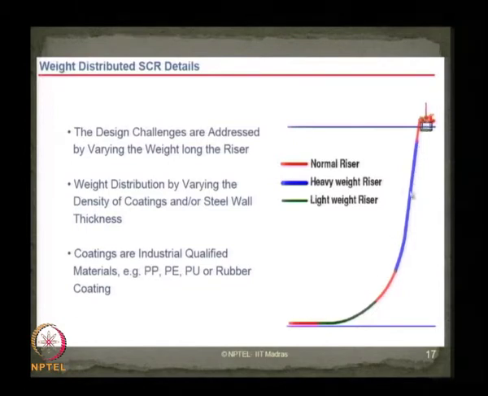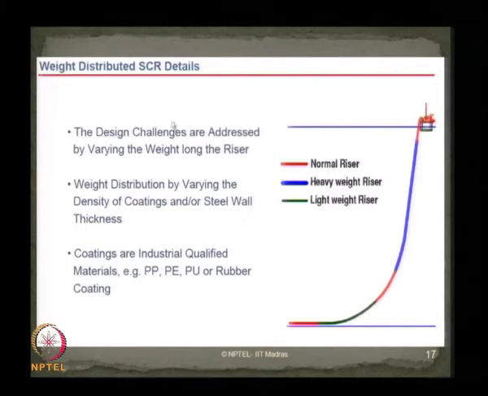The red color you see here is the normal riser, which comes from the initial point in the top side to the touchdown zone on the sea floor. To this riser at different locations, heavy weights as you see in blue color or light weights as you see in green color are attached to the riser.